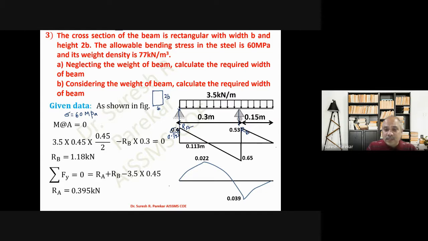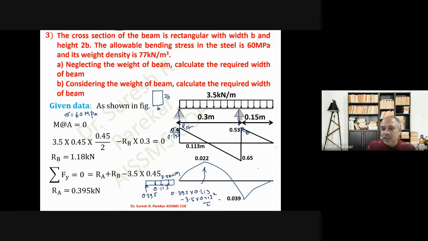Now you can go this with this. I have not calculated this. You can consider this. We have this as 0.395. This distance we have 0.113, and we have this UDL, that is equal to 3.5 kilonewton per meter, and you can take bending moment, and you will get it as 0.395 into 0.113 minus 3.5 into 0.113 square by 2, and you will get value that is equal to 0.022.